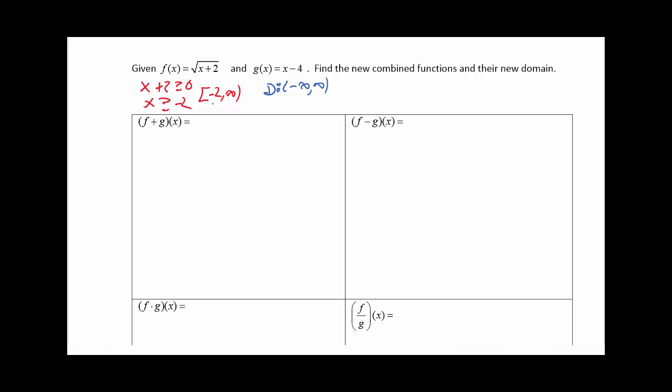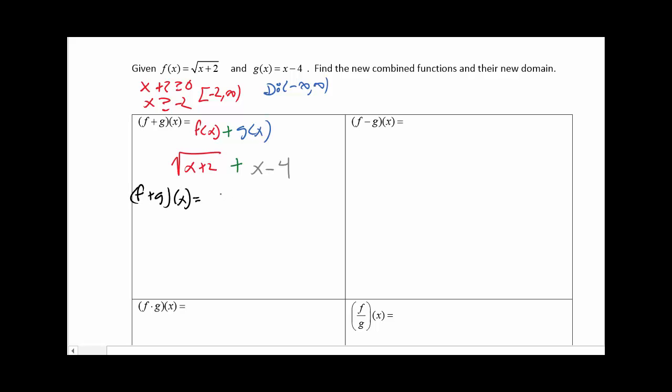Okay, so let's go through our steps then. So f of x plus g of x for this first one. And f of x, we get square root of x plus 2 plus x minus 4. And as far as simplifying goes, there's not much that we can do there.